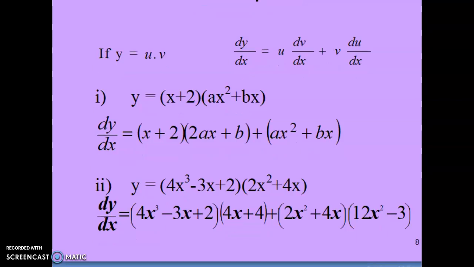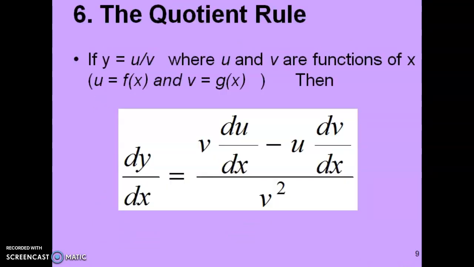Let us continue with our, what do we call them? Our rules. Now we have the quotient rule. The quotient rule, again, we use u and v. So the sixth rule is one function divided by another, like this, where u and v are functions of x. We've already seen this.